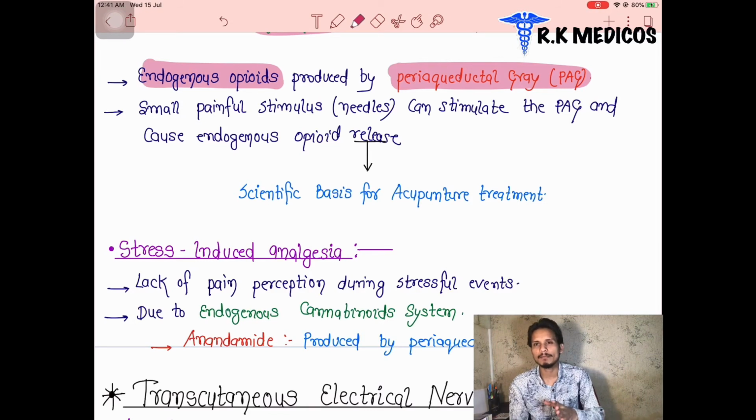This gray matter is in the midbrain region, around the cerebral aqueduct, the periaqueductal region, and the endogenous opioids are produced there.